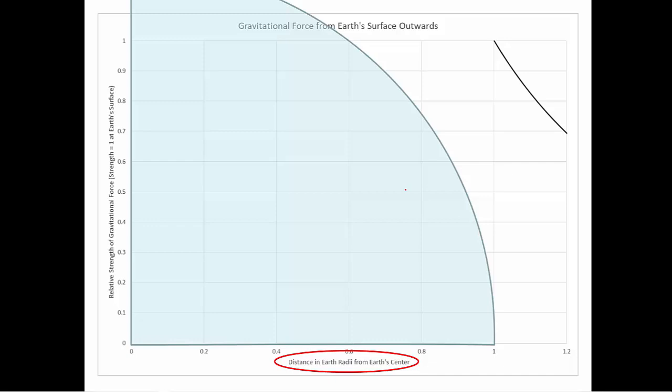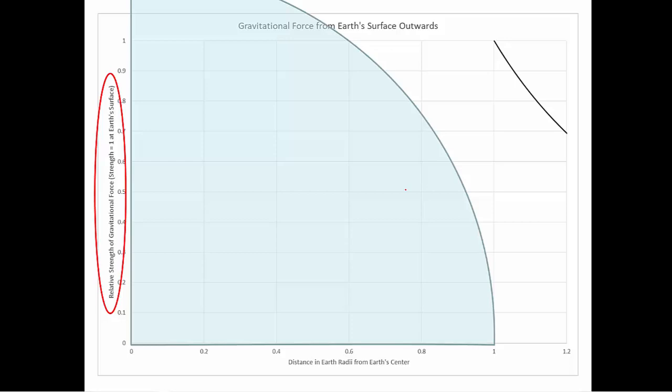And so, got that blue thing to remind us that's what it's standing for. The vertical axis is the relative strength of the gravitational force, and I just arbitrarily chose the strength of the gravitational force to be 1 at the Earth's surface. And we'll compare everything to that.